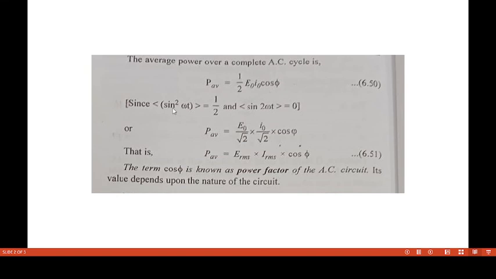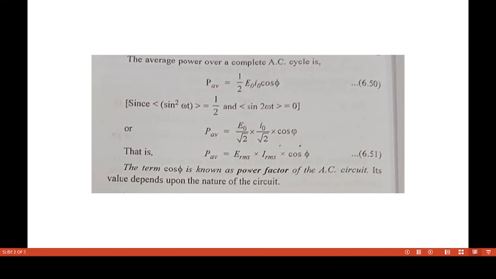You might already know the average of sine square omega t over one complete AC cycle is nothing but half, and the average of sine 2 omega t equals 0. You can verify this by plotting sine omega t, sine square omega t and sine 2 omega t over one complete cycle.